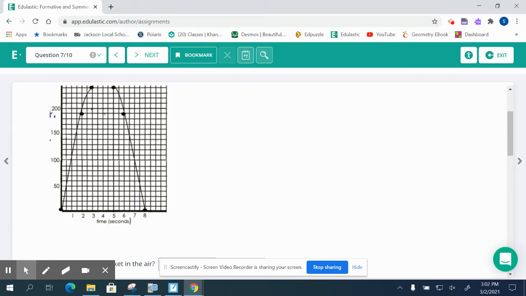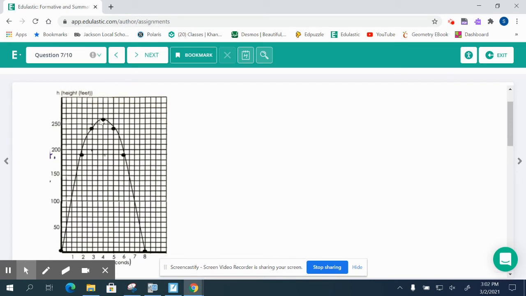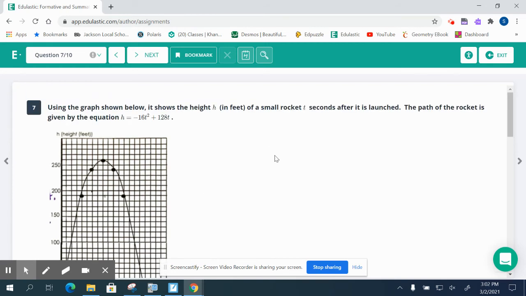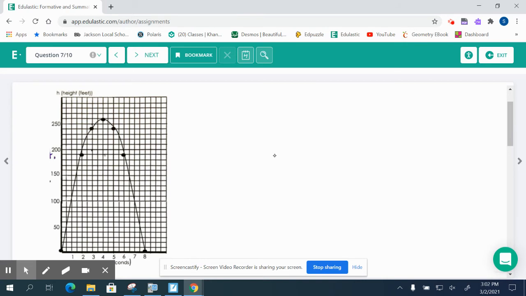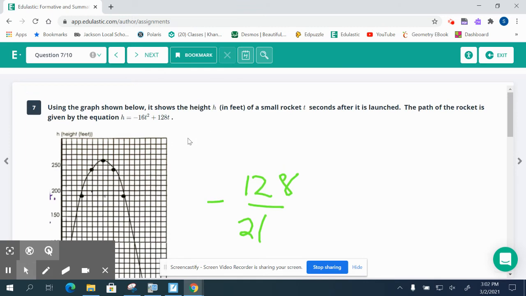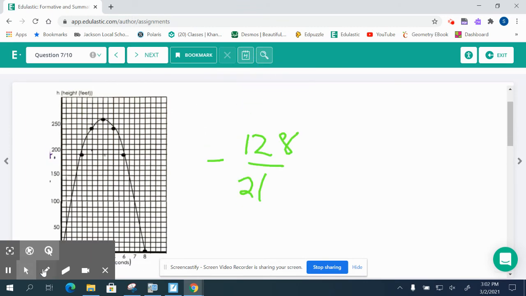So if we use negative b over 2a, well, this is the greatest height, so we don't want to just estimate that, but we can assume that it's at 4 if the whole thing is 8, halfway between is 4. If you didn't know that, you still could have used negative b over 2a. So you would do negative b is 128 over 2 times a, which, I think, is negative 16.